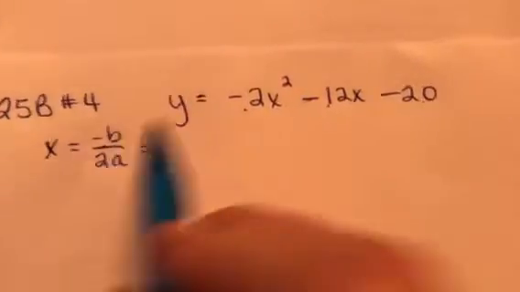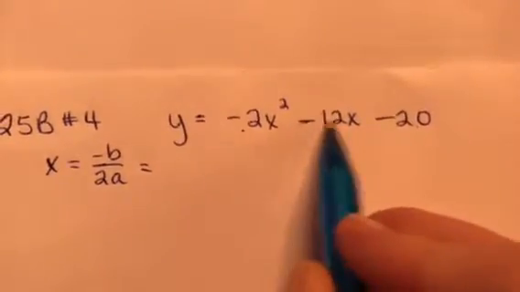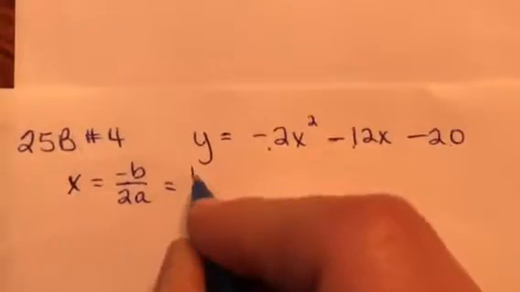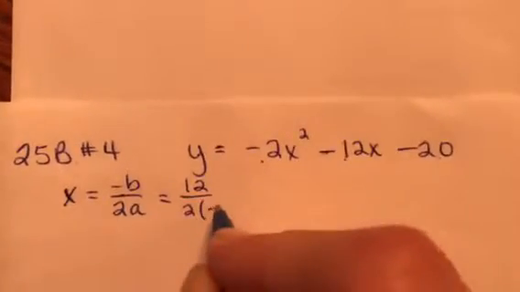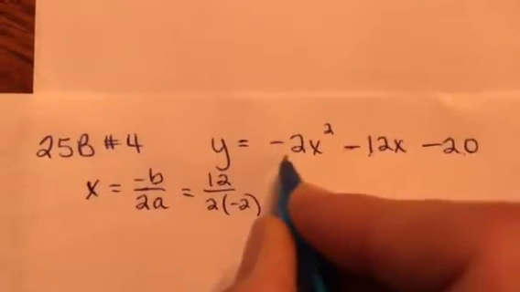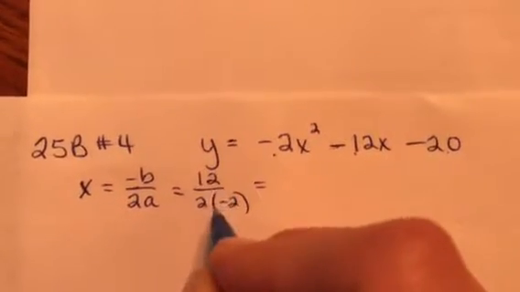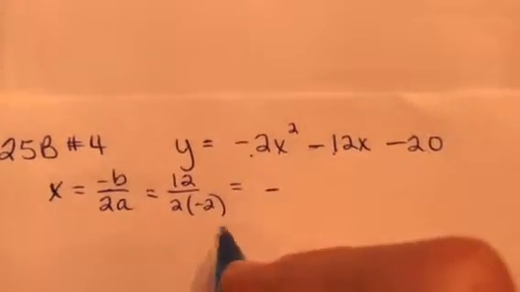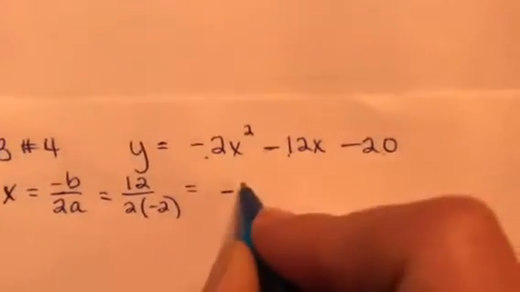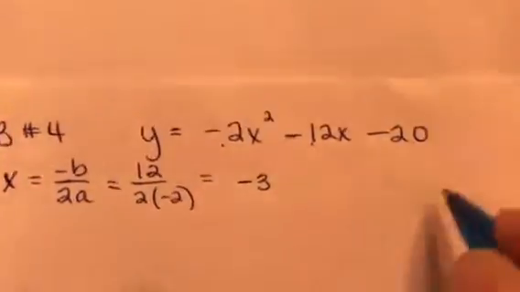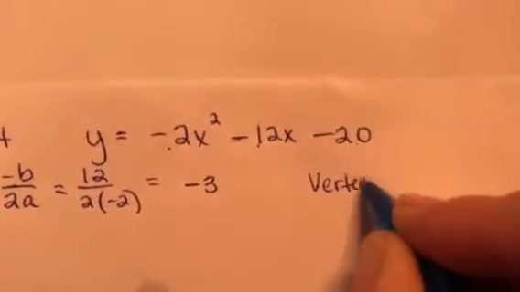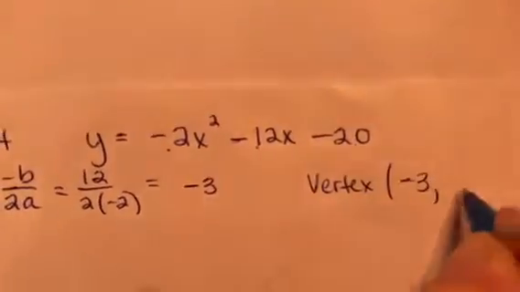So the opposite of b, here my b is a negative 12, so the opposite of that would be a positive 12, all over 2 times negative 2. Here my a value is a negative 2. So I have a positive divided by a negative, which is negative, and 12 over 4 is going to give me 3. So on my vertex over here, I know that it's going to be negative 3 something.